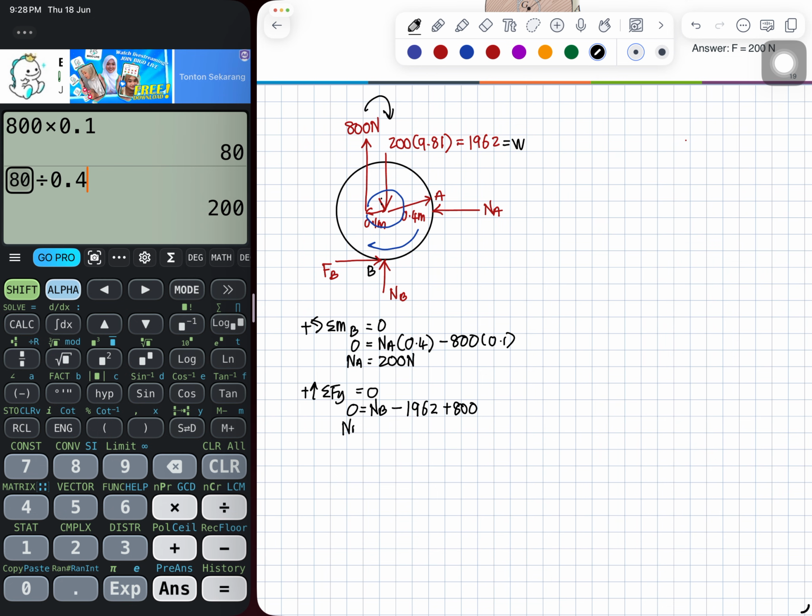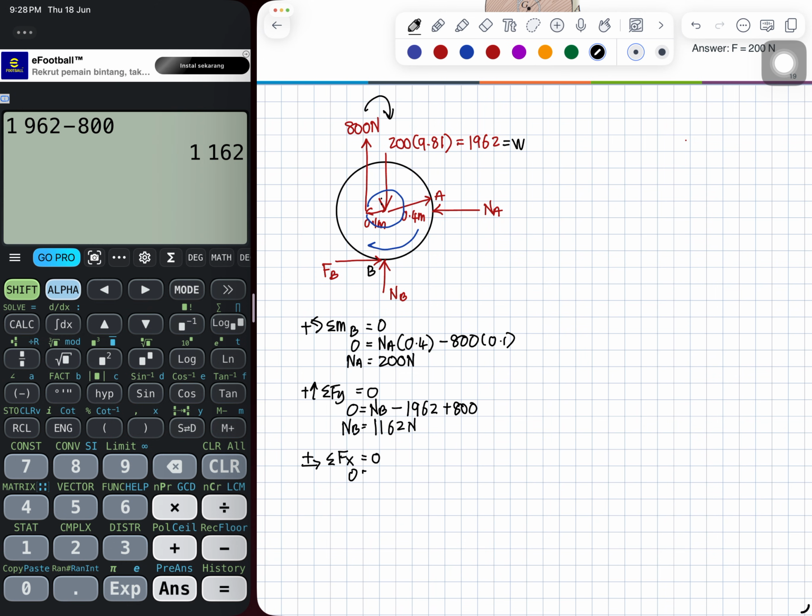So NB is 1962 minus 800, which is 1162 Newton. But the question asks you to determine the friction force at B. So we have FB to the right positive, minus NA, which is 200 Newton. So we get friction force at B equals 200 Newton. This is the answer.